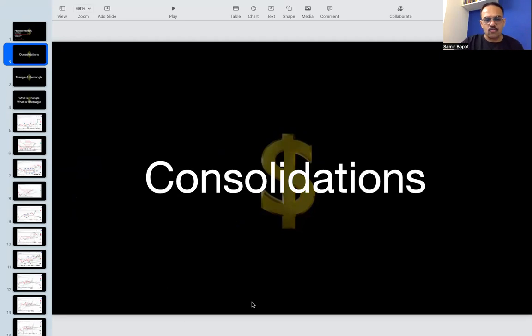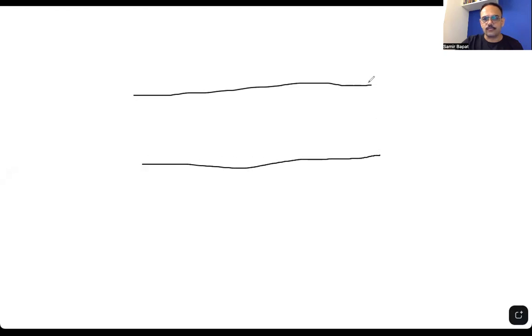Now, if the drawing is not very good, but let's say there is a rectangular box here, and we throw a ball inside that rectangular box.